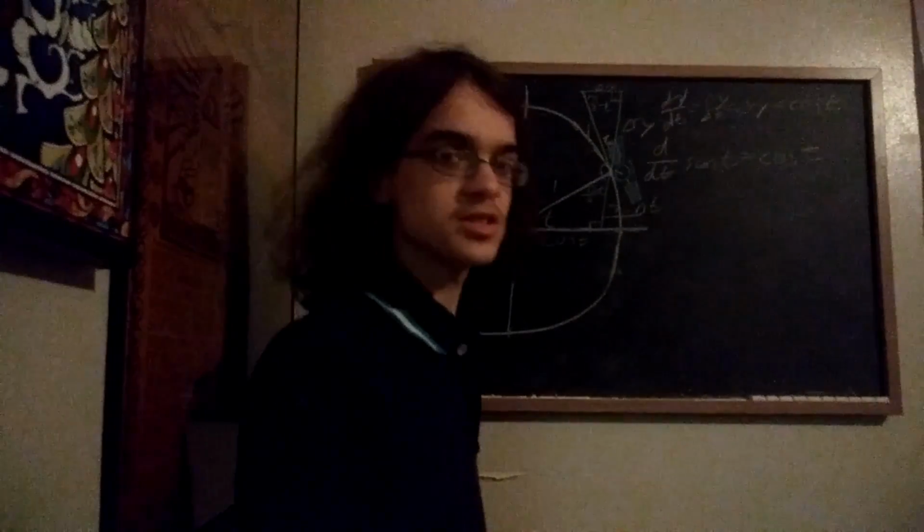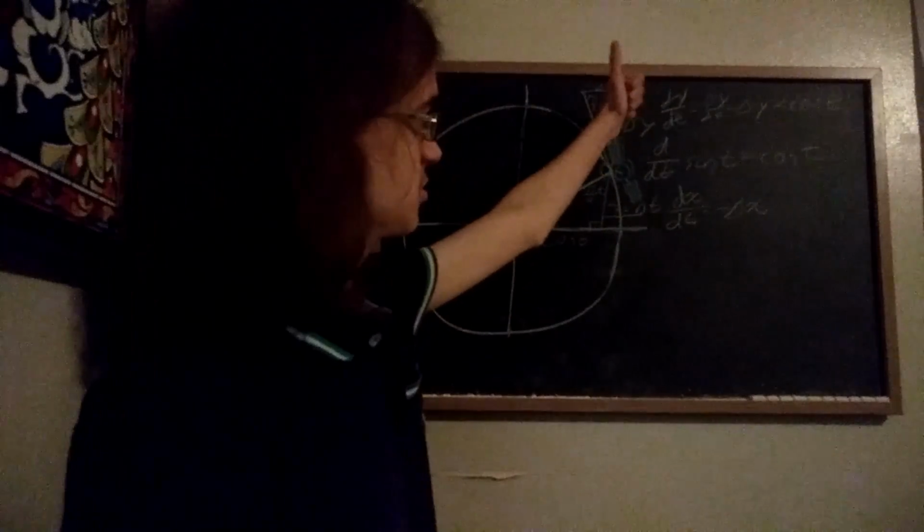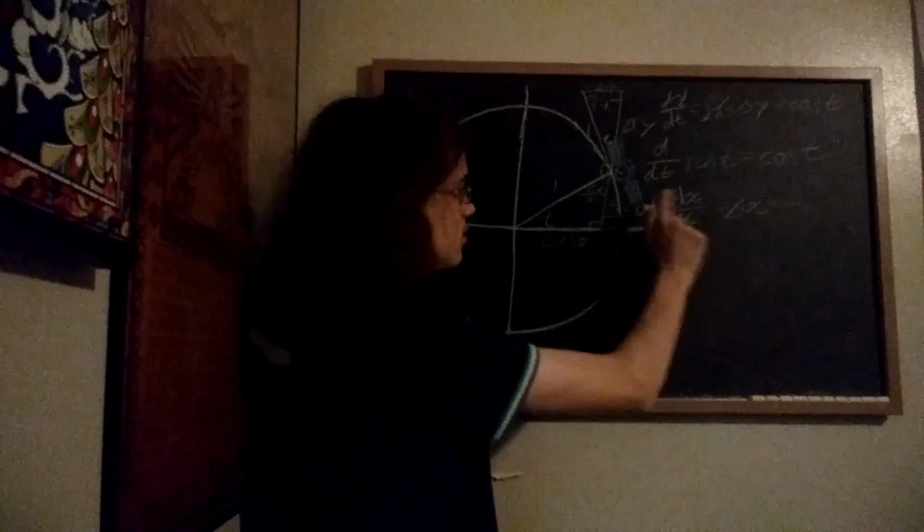And so we can do this also for cosine if we consider the rate of change of x, dx/dt. This is going to be equal to minus change in x, because the x goes to the left, which is negative. And so this is going to be equal to minus change in x, which is equivalent to the side across from t, or sine t.